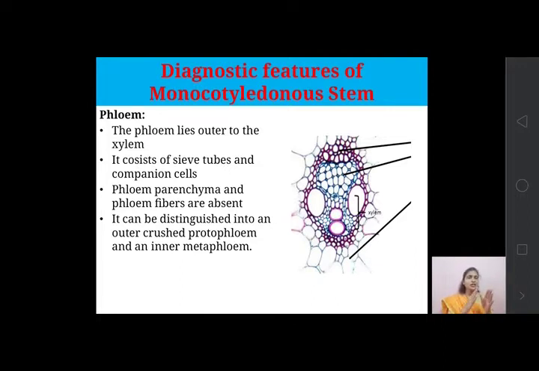That means only sieve tubes and companion cells are present in the phloem tissue, but the other two types of cells, phloem parenchyma and phloem fibers or phloem sclerenchyma, are both absent in the vascular bundles of this monocotyledonous maize stem. Okay, so this phloem can be distinguished into an outer crushed protophloem and an inner metaphloem.